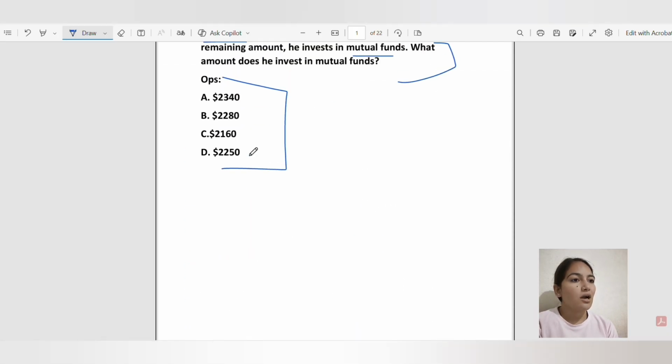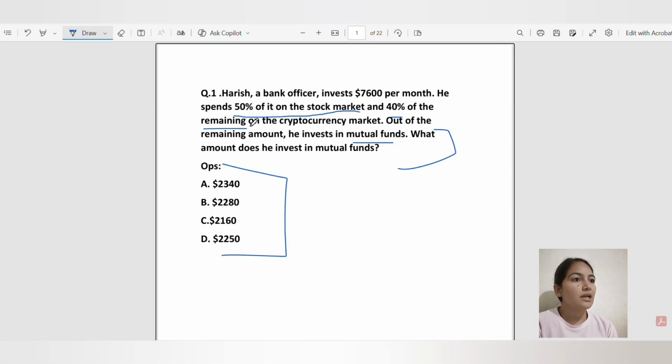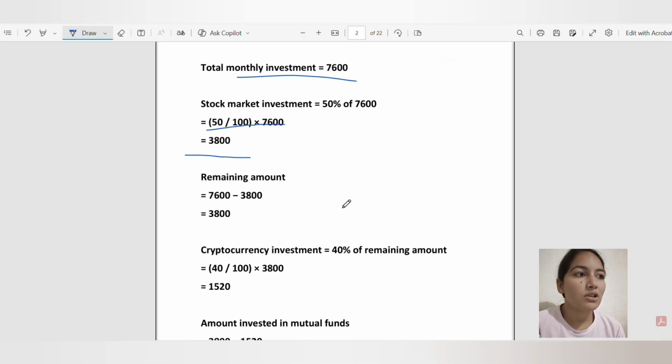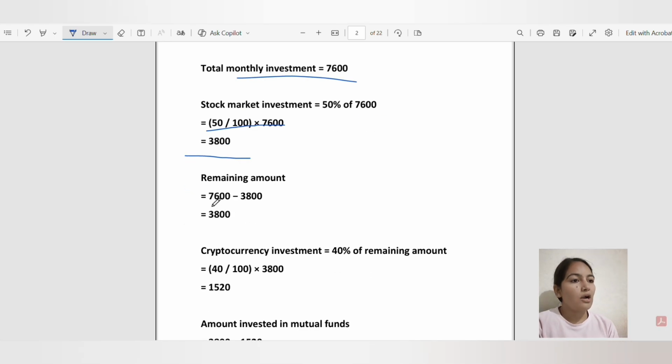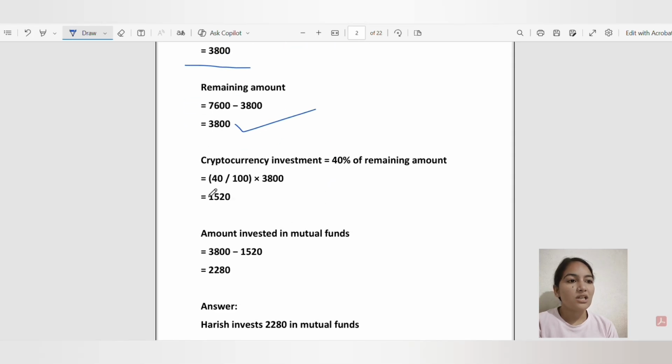The question says that after investing 50%, whatever amount remains, he invests 40% of that remaining amount in cryptocurrency. So we have to find the remaining amount. We can subtract this from 7,600, so the remaining amount will be 3,800.